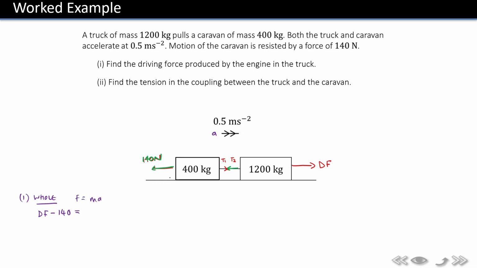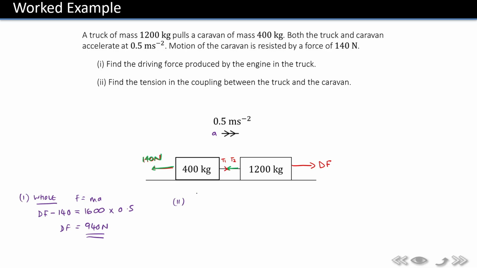That's a total of 1600 kilograms multiplied by A, which is 0.5. Working this out, I get a driving force of 940 newtons.